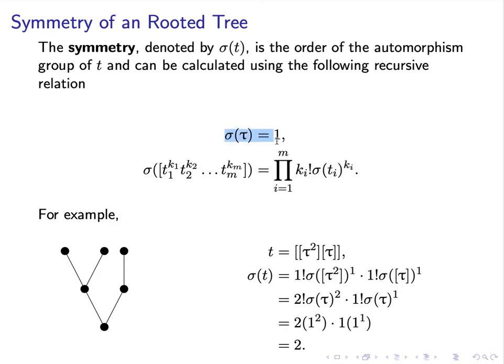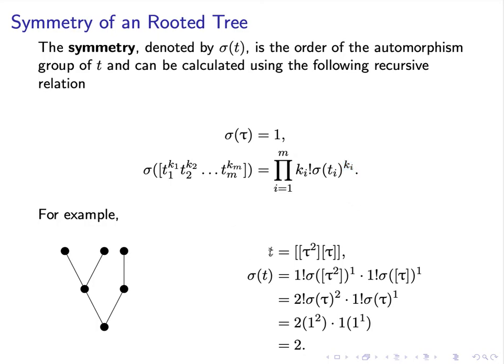So the symmetry of tau, if you've just got a tree with a single node, that can only be represented one way. The symmetry of a rooted tree is, this time, a product: the product of all subtrees, the number of times they occur factorial, and to the power of the number of times they occur.